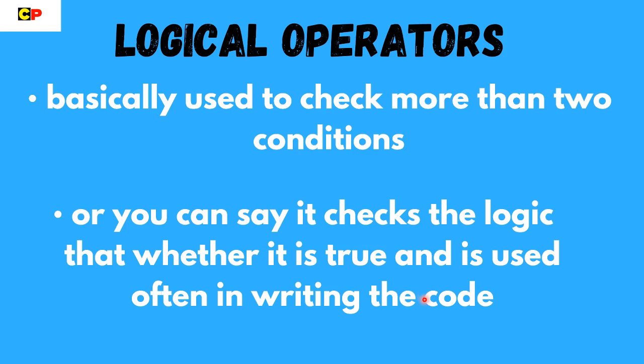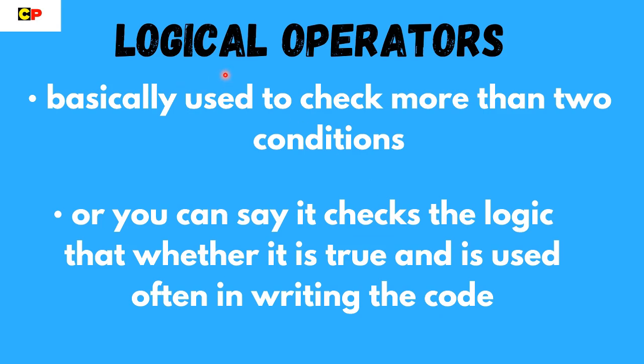Talking about logical operators, what they are. Logical operators are basically used to check more than one condition. Suppose you have two conditions A and B. You can check whether both the statements are true or not, or whether either one is true or not. This kind of scenario you can handle with logical operators.